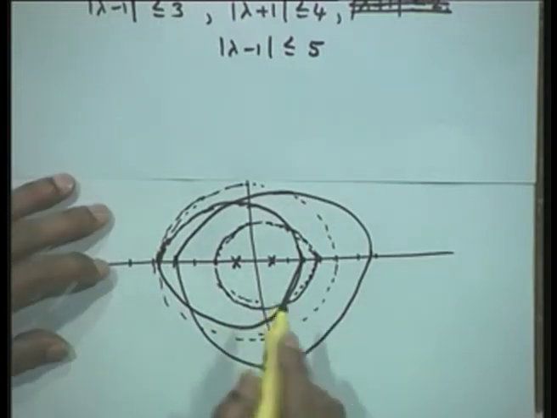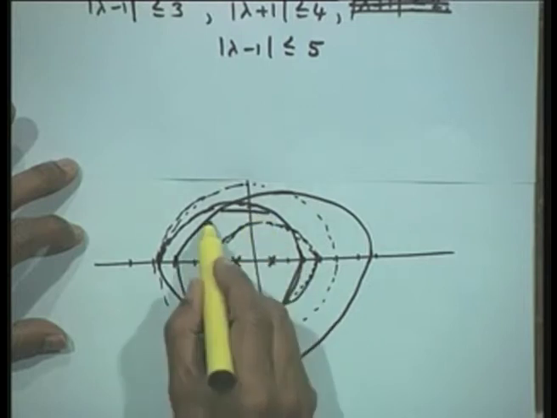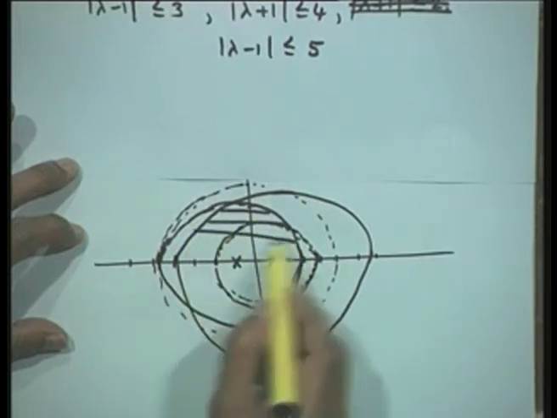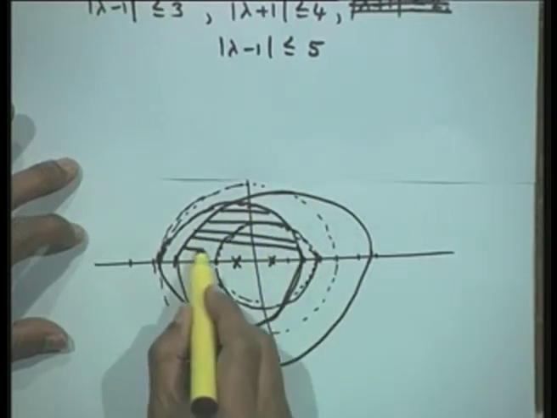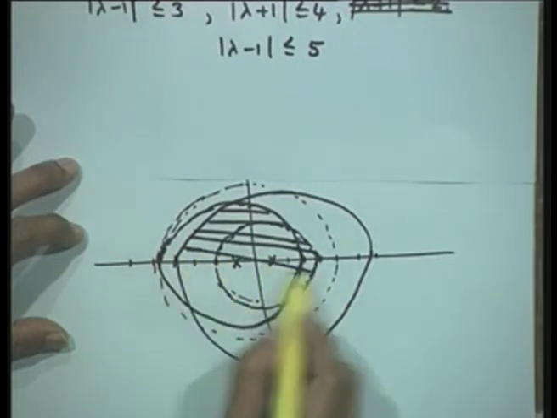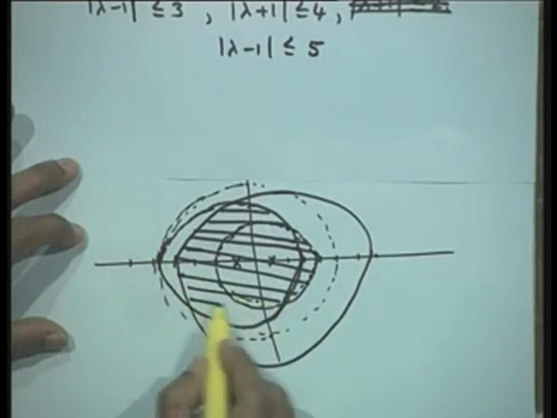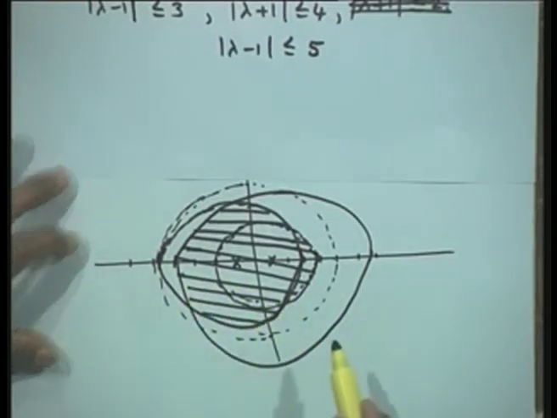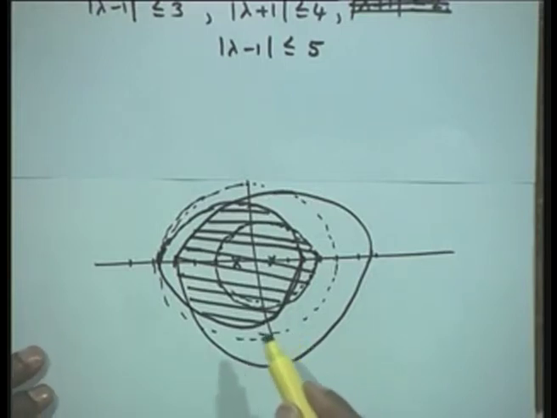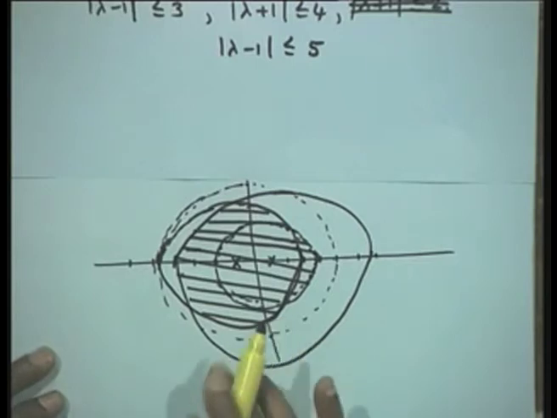Now, I want the intersection of all of them. So, what is common for all of them is only this. It should lie in all of them, all the independent bounds it should lie.